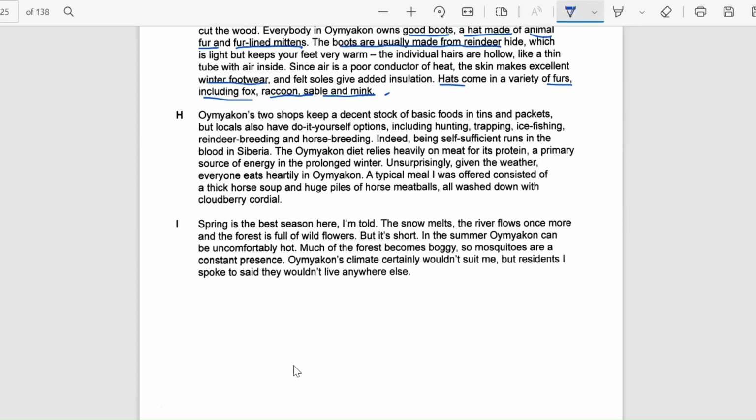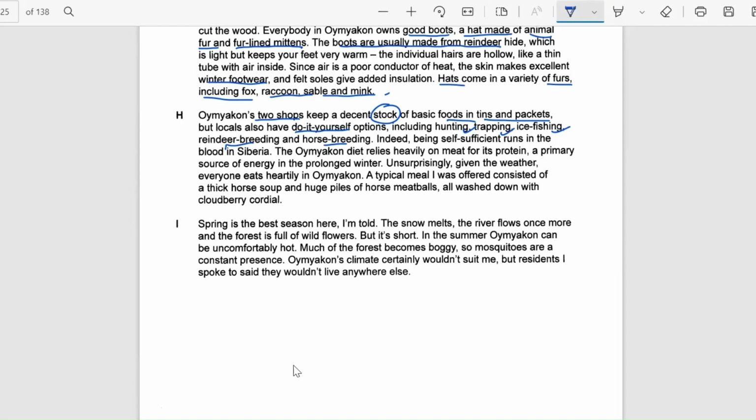So it's talking about two shops, only two shops are there, and they keep a stock of basic foods in tins and packets. The locals have the do-it-yourself options also. Like how do they get food? By hunting, by trapping animals, by fishing, breeding reindeers, breeding horses.